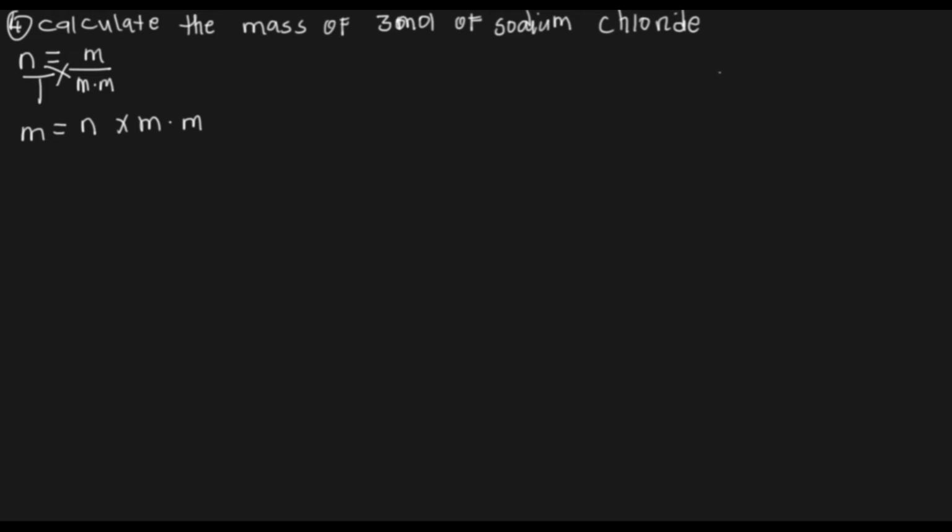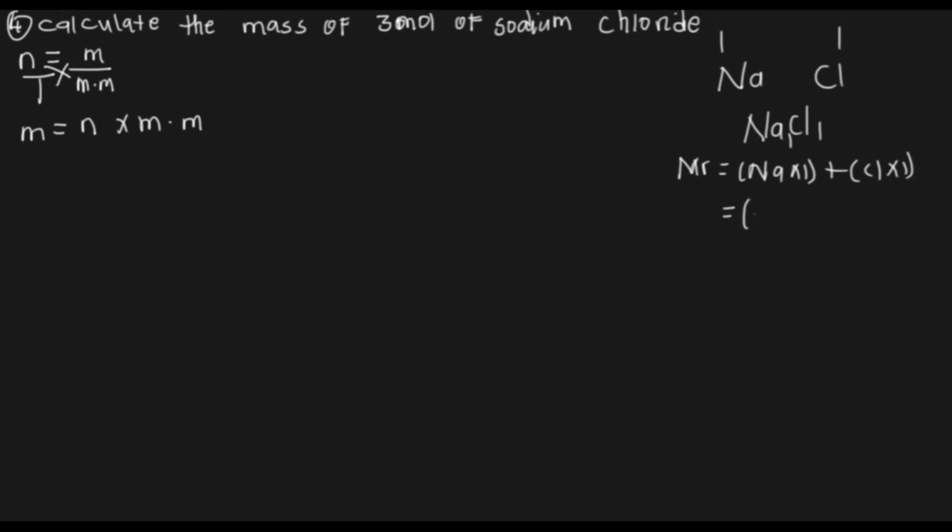So here we can see sodium is in group 1, so it has a valence of 1. Chlorine is in group 7, it also has a valence of 1. So the chemical formula for sodium chloride is this, where there is 1 to 1. So we only have 1 atom of sodium and 1 atom of chlorine in sodium chloride. So we can now find the relative formula mass. Mr is equal to sodium times 1 plus chlorine times 1.